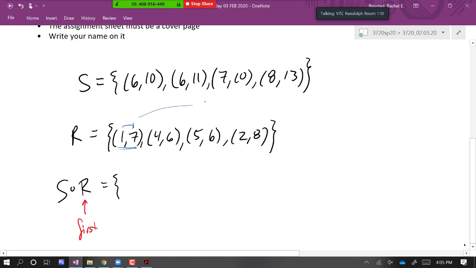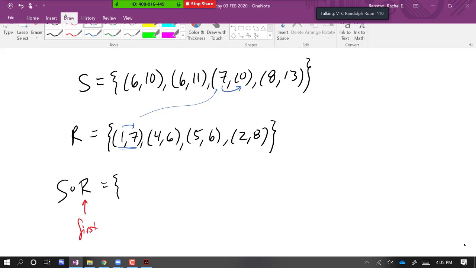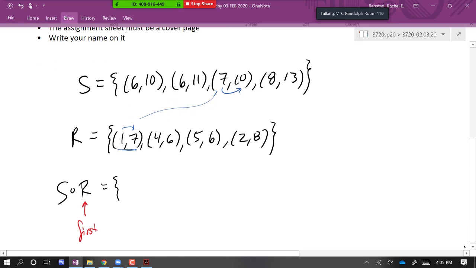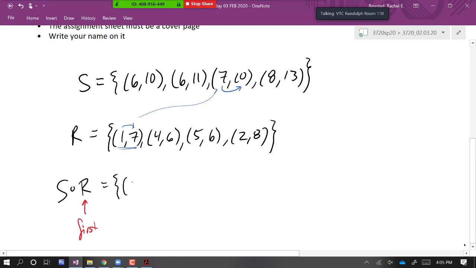But then in S, 7 goes to 10. So that means S composed with R will contain the pair (1, 10). And 1 only goes to 7 in R, and the only thing 7 goes to is 10 in S, and that means in the composition, 1 is related to 10, and that's the only thing 1's related to.